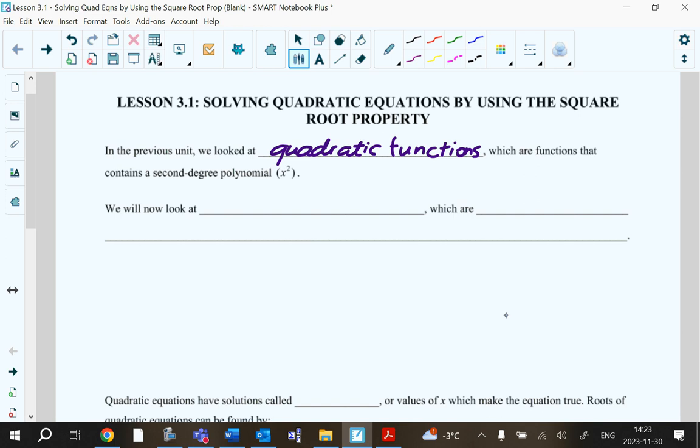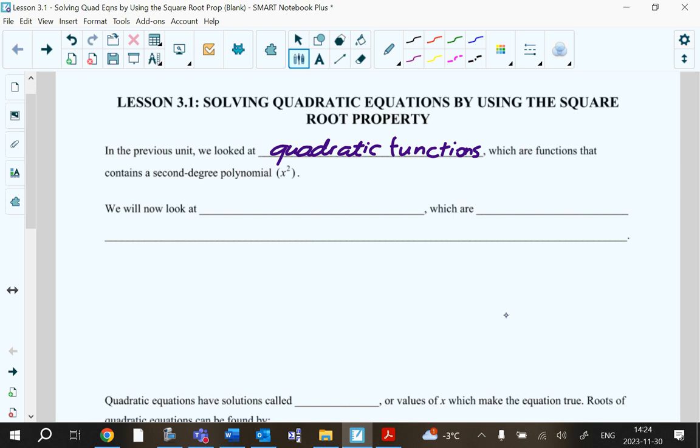Second degree just means it's got an exponent of 2 in it. It's got an x squared. Okay? So those were functions. What we did is we were able to graph them. We were able to state a whole bunch of properties of them. We were able to state them in a couple of different forms, vertex form and standard form. Okay, and then we were able to solve certain types of problems with them.